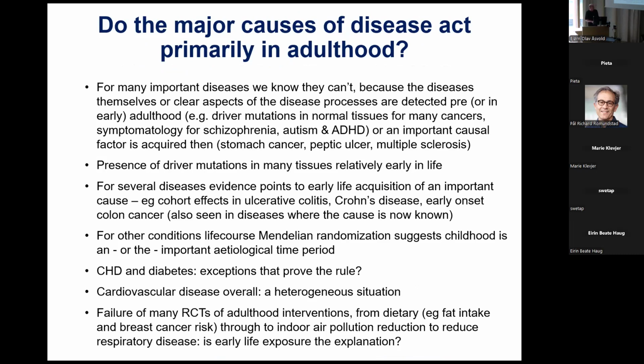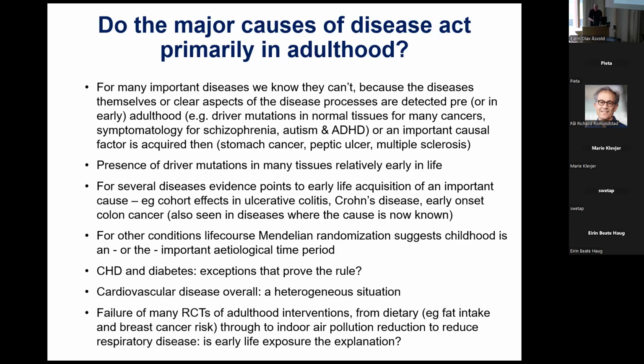We've talked about dietary interventions, including the Women's Health Initiative. On Friday, I talked about dietary fat intake, which was thought to be a major risk factor for breast cancer. Interventions did not show that, in the same way as none of the antioxidant vitamins, selenium for prostate cancer, etc. None of these were validated through randomized trials.